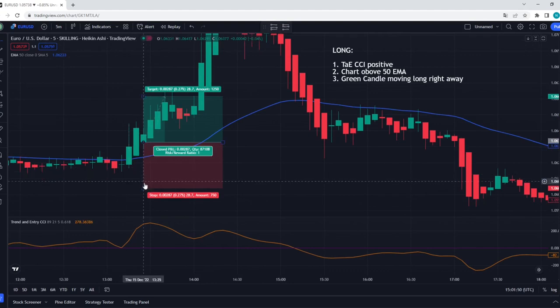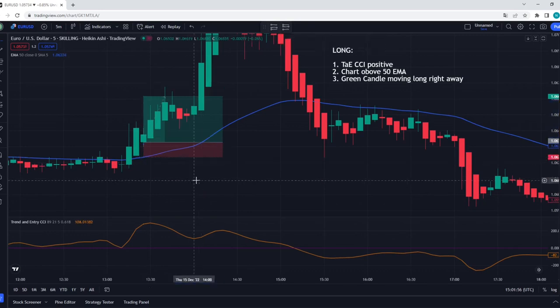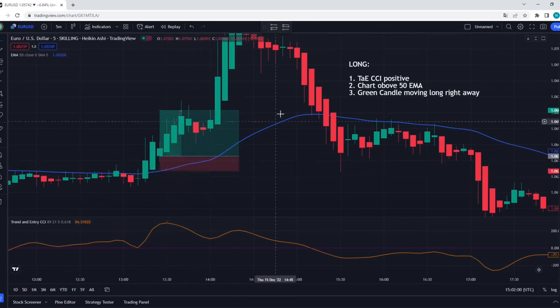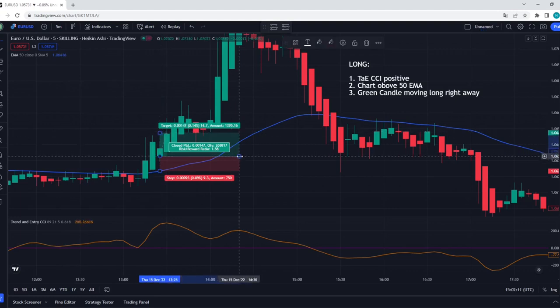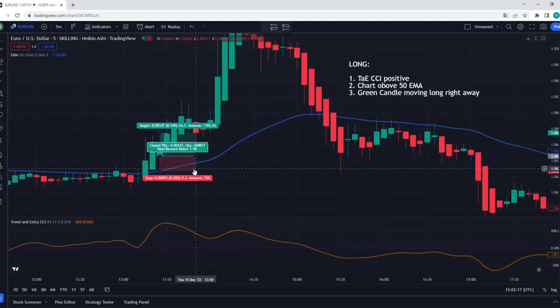The stop loss will be either below our recent swing low or at the 50 EMA. I personally like to put the stop loss at the 50 EMA when we got a change from short to long, like here. But I will show you a second example in a few seconds where I will put my stop loss to the recent swing low.